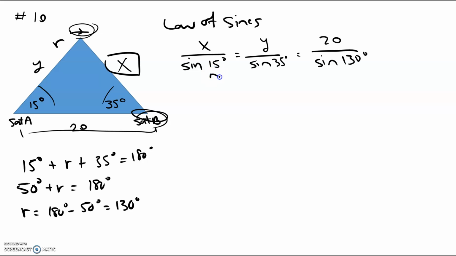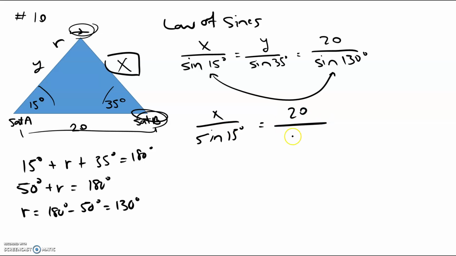So I can set this equation up to this equation right here. So x over sine of 15 is equal to 20 over sine of 130. I'm going to cross multiply, and then divide by the sine of 130.